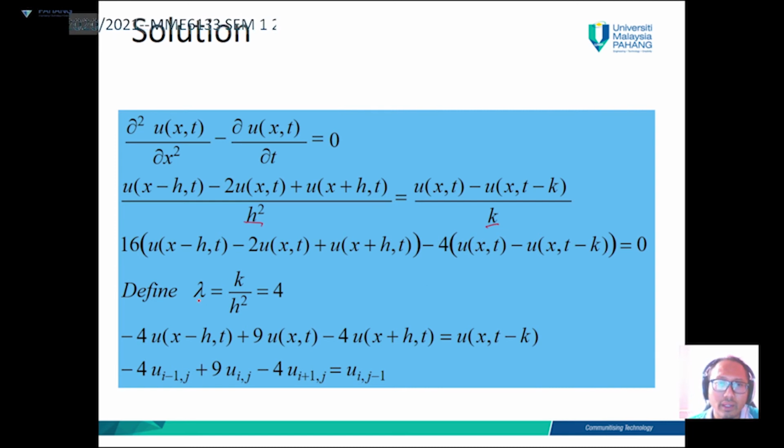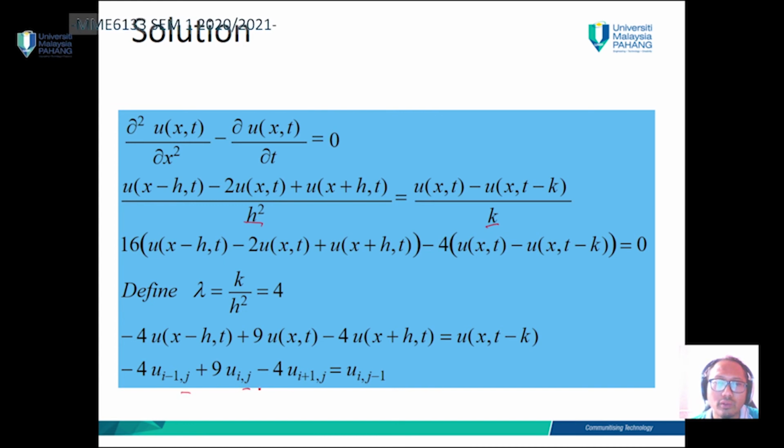And we are going to define lambda equal to k over h squared, where we obtain lambda equal to 4. And we can replace x minus h with i minus 1 and t with j. So we get this equation: minus 4u(i-1,j) plus 9u(i,j) minus 4u(i+1,j) equal to u(i,j-1).